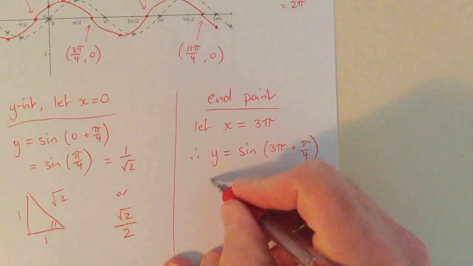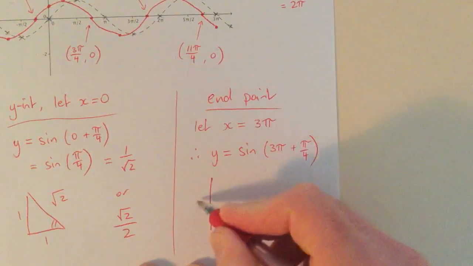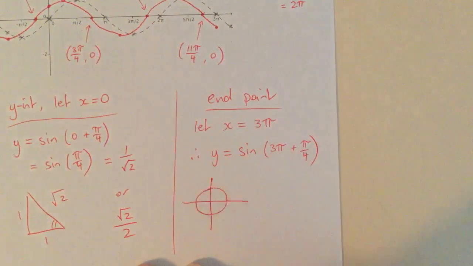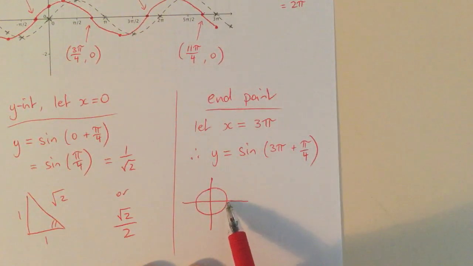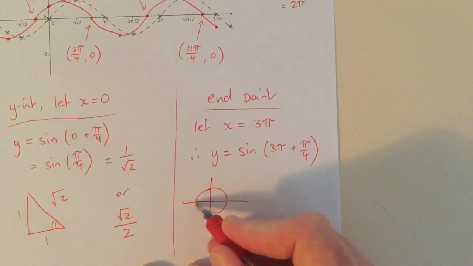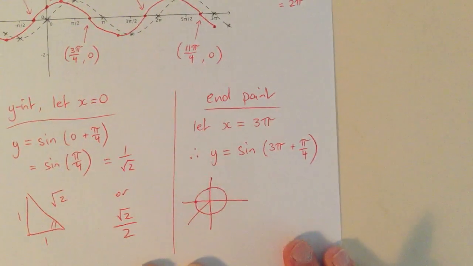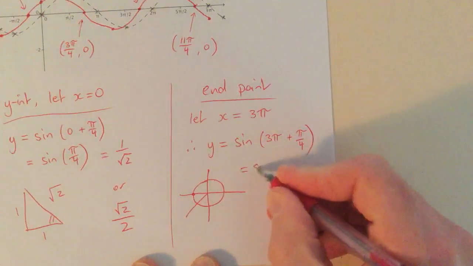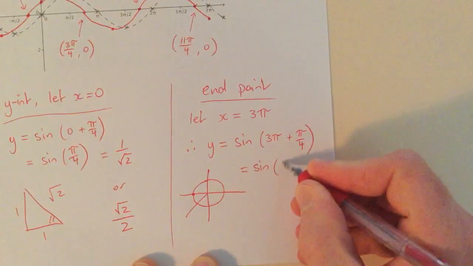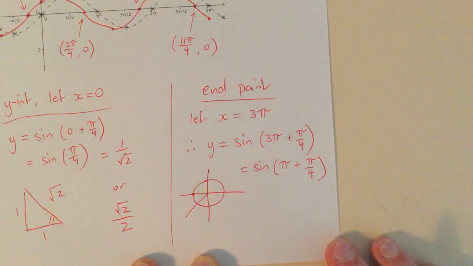And so, well, actually I'm not going to simplify that, because if I'm thinking about my unit circle and I've got 3 pi plus pi on 4, well, starting from an angle of 0, 2 pi is a full lap, 3 pi takes me over here, and then plus pi on 4 takes me down to there. So using a little bit of symmetry, I know that really what I'm working out is sine of pi plus pi on 4 down in the third quadrant.